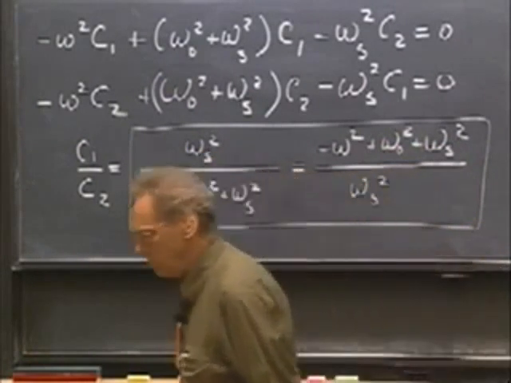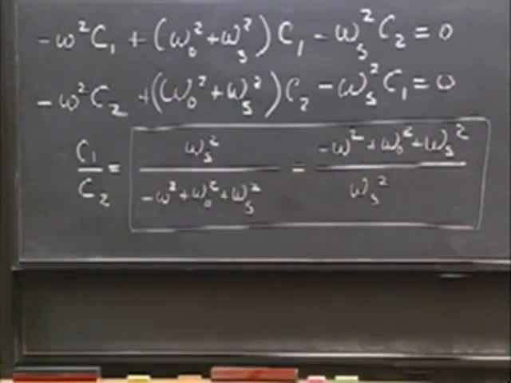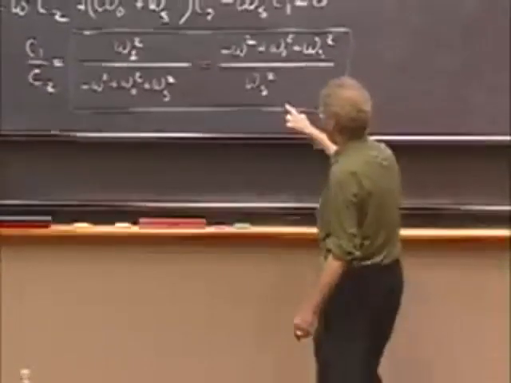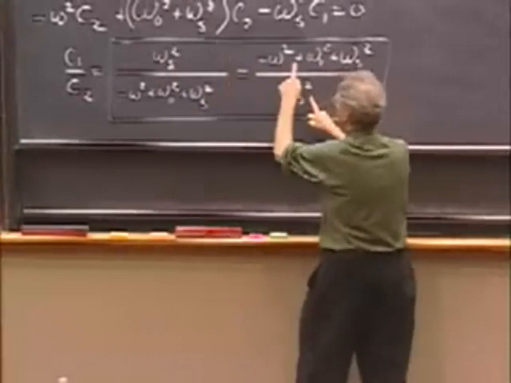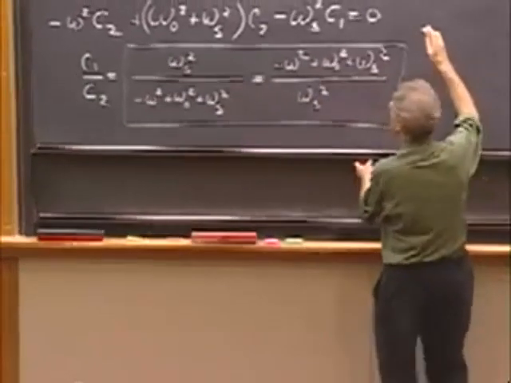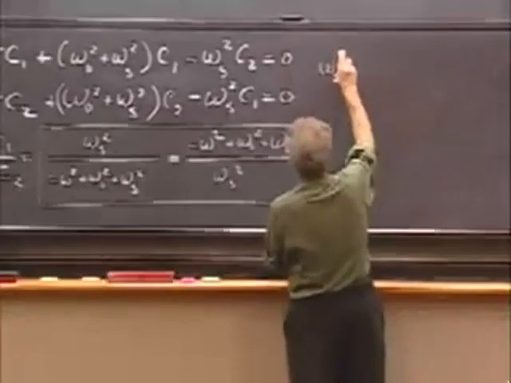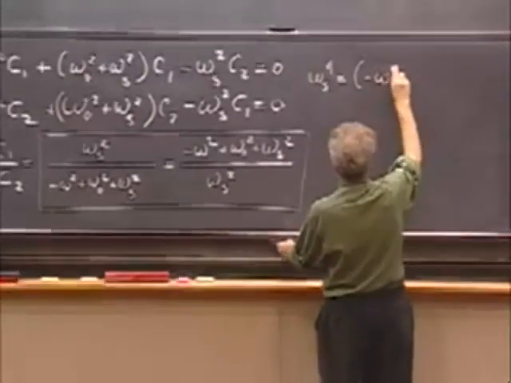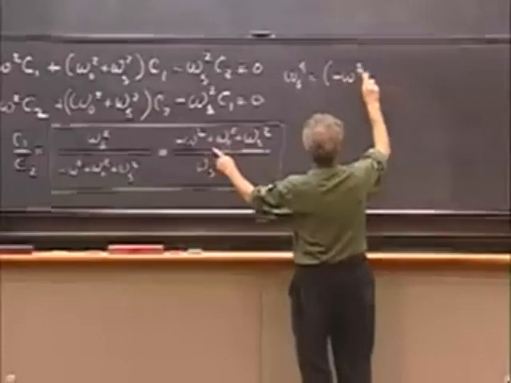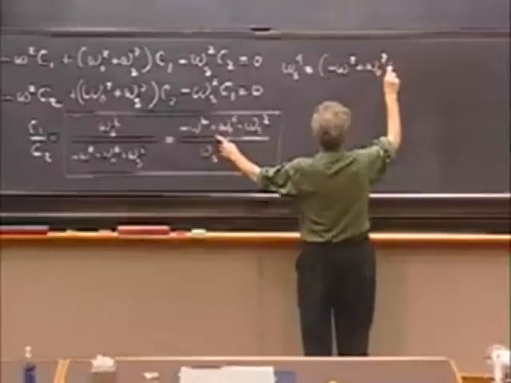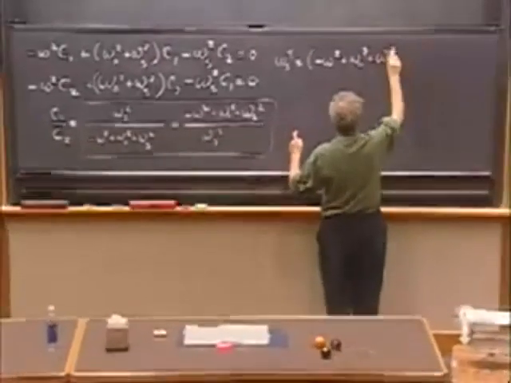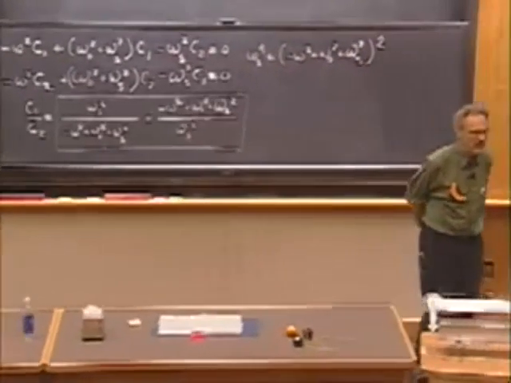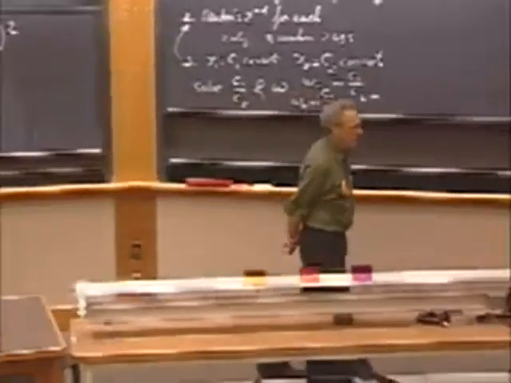So what do I do now? Well, I'm going to simplify this one step further, which is now very easy. I multiply this by this, and this with this. So we get omega s to the power 4 is minus omega squared, plus omega 0 squared, plus omega s squared, all squared. One equation with one unknown.